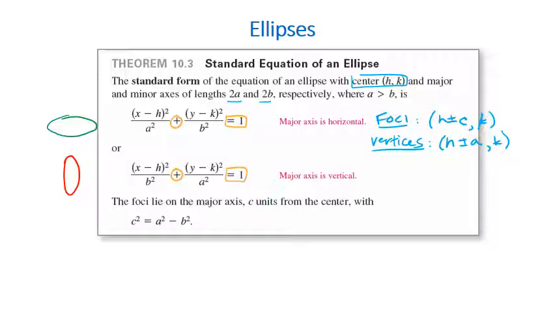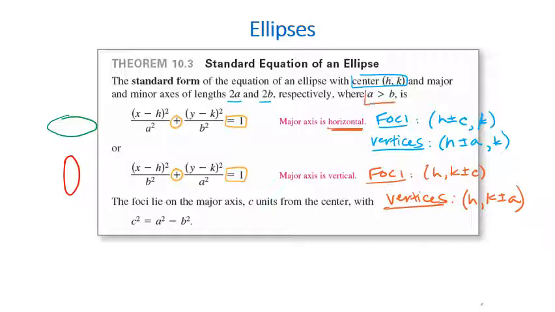On the other hand, if we have a vertical major axis, the foci are found by taking H, comma, K plus or minus C, and the vertices will be H, comma, K plus or minus A. One other thing to pay attention to is how you know which axis is major.